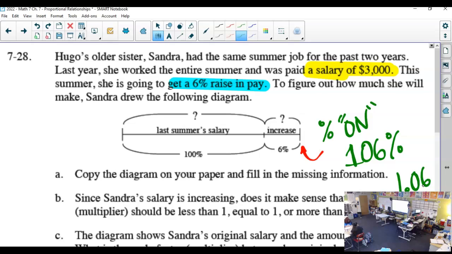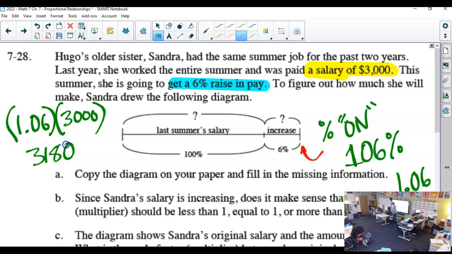If we do 1.06 times our 3,000, we will get right to our new answer of $3,180. In one step.